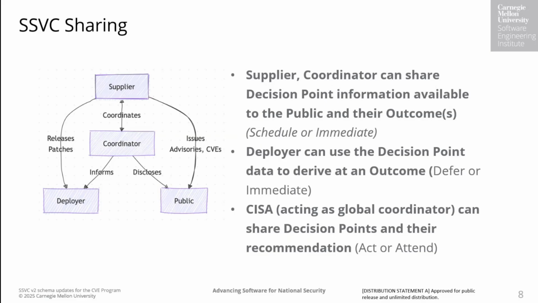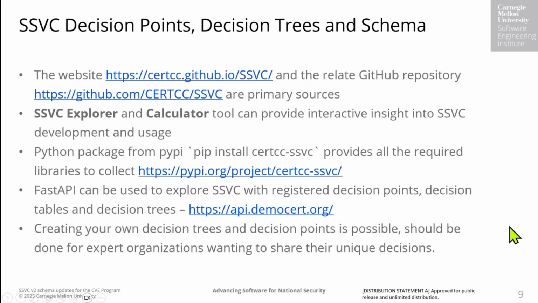Next slide, please. The links there are very useful. I'll hopefully put them also in the chat for you all to pick up. So we have a website where we actually have public information about SSVC itself, and a GitHub repository where you can raise issues. There's two tools at least called SSVC Explorer and Calculator. Both these tools are good ways for you to explore how SSVC works for these stakeholders which we predefine, calling deployer and supplier.